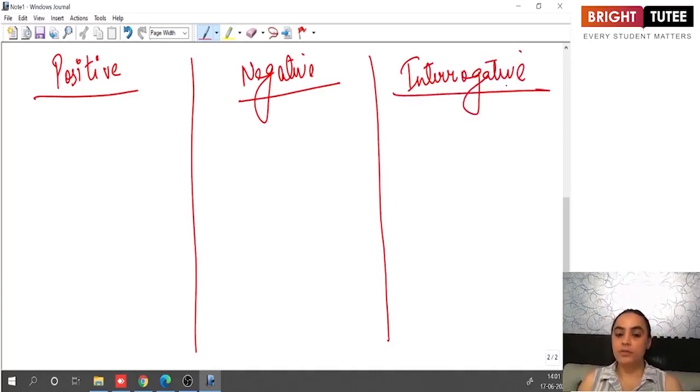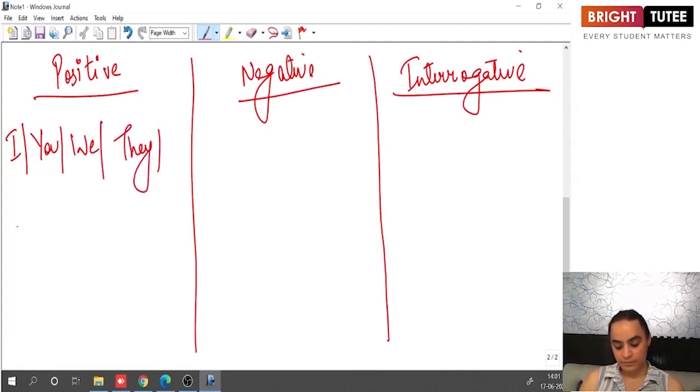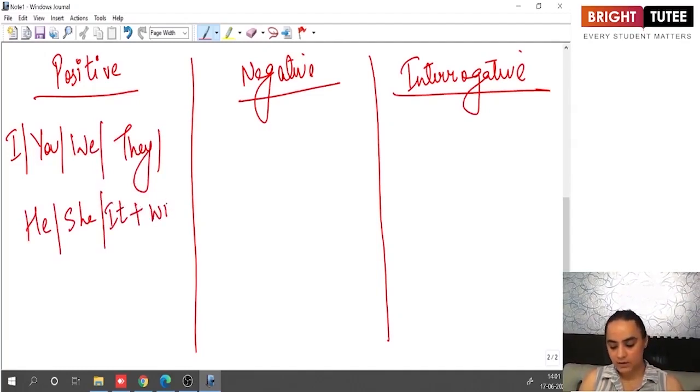If I talk about the positive sentence, I, you, we, they, he, she, it, plus will plus the first form of the verb, that is go. Right? So we use will plus the first form of the verb.